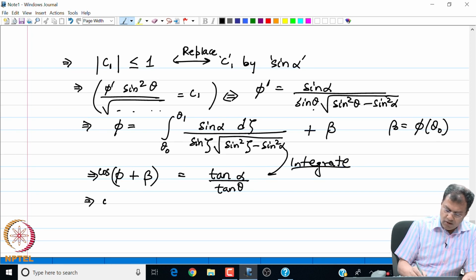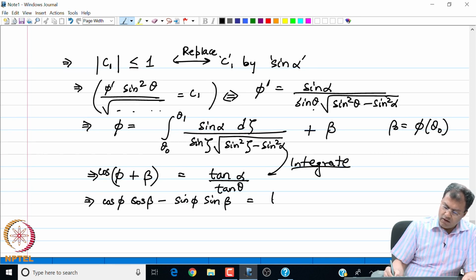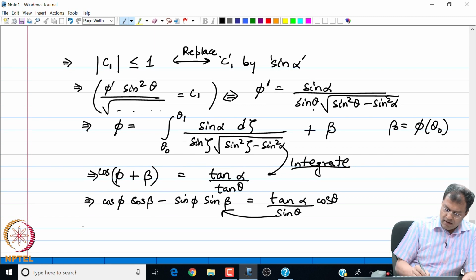We see that this is equal to cos phi cos beta minus sin phi sin beta is equal to tan alpha divided by tan theta, which is sin theta times cos theta. If we now transfer this to the left hand side, notice the new expression.